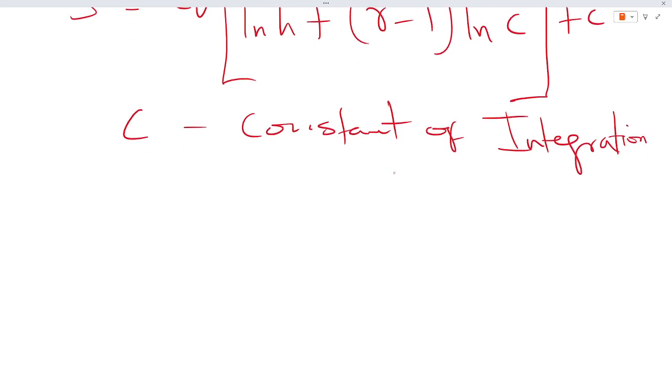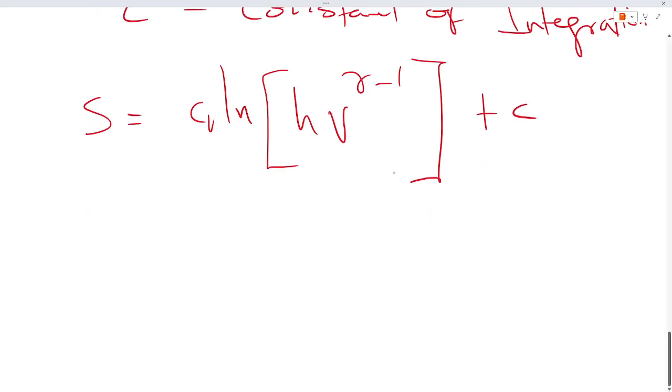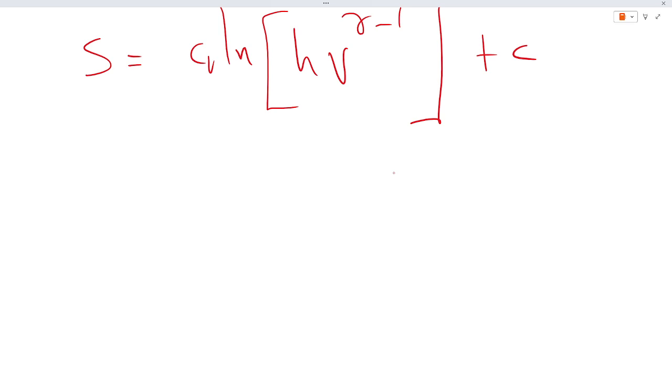From there we can deduce that S, that is the entropy, equals Cv natural logarithm of H V to the power gamma minus 1, plus C. And let us not forget that H0 equals H plus V squared over 2.